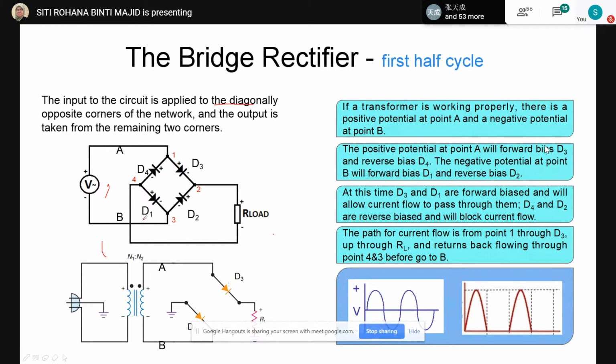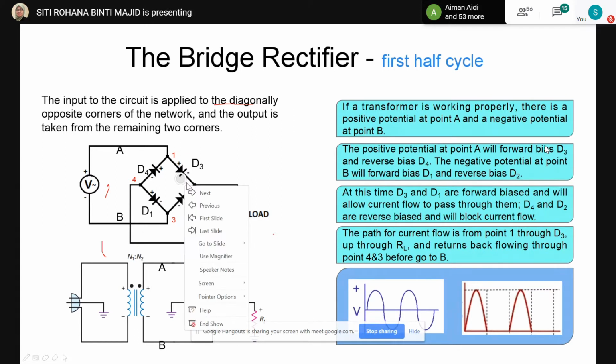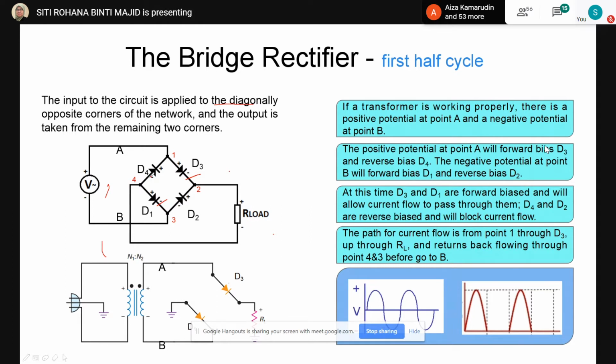transformer. So here, first of all, we notice that the direction of D3 and D1 is the same. Meanwhile, D4 and D2 is opposite to the D3 and D1 arrangement.